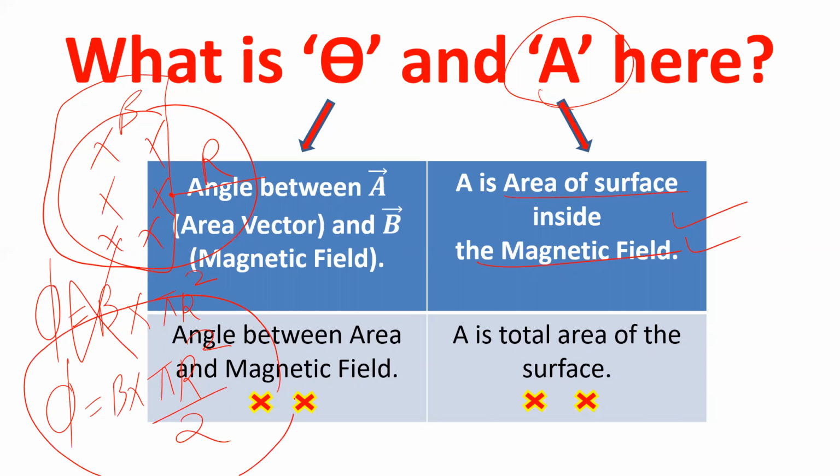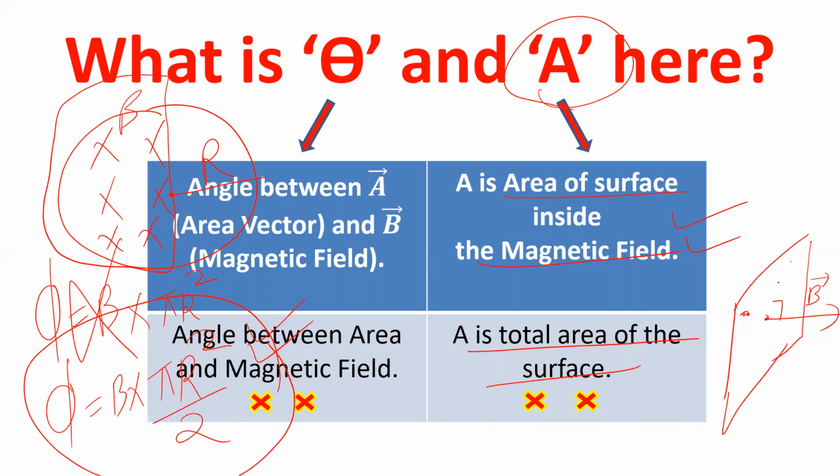So be very careful while using the formula. That's why I'm telling you A is not the total surface area, rather it is the area which is inside the magnetic field only. And what about theta? Suppose there's a surface placed in a magnetic field. So we have magnetic field B here.